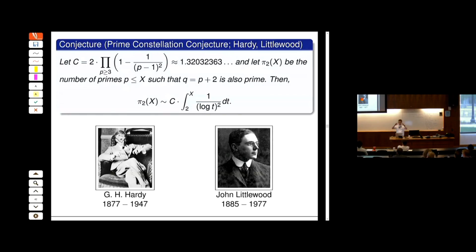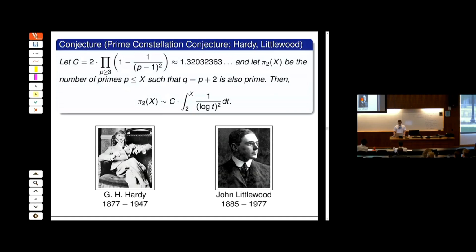We'll talk about prime constellations, but in any case, they have a very precise conjecture for how many primes there should be up to x. And you can come up with this formula in a couple of different ways, not only from the heuristic of the probability of a number being prime.